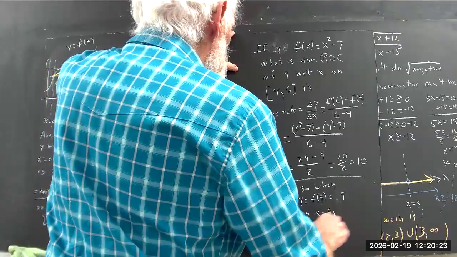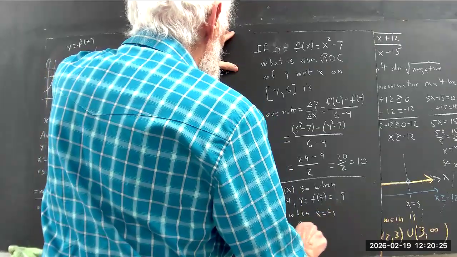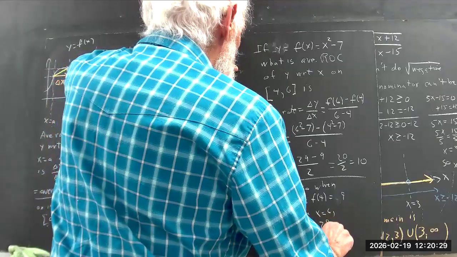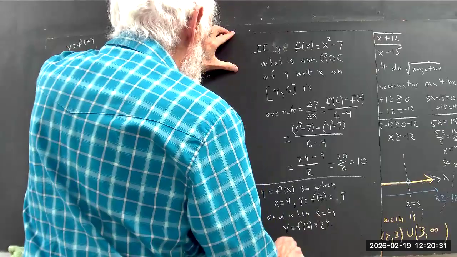And when x equals 6, y equals f of 6, which is 29.